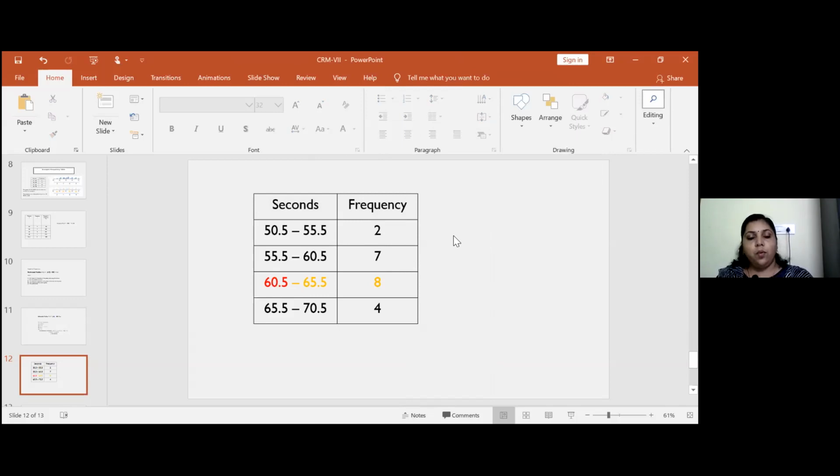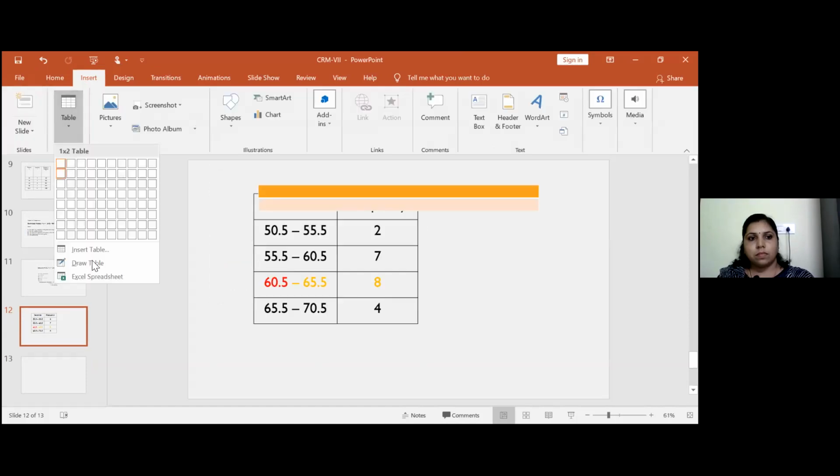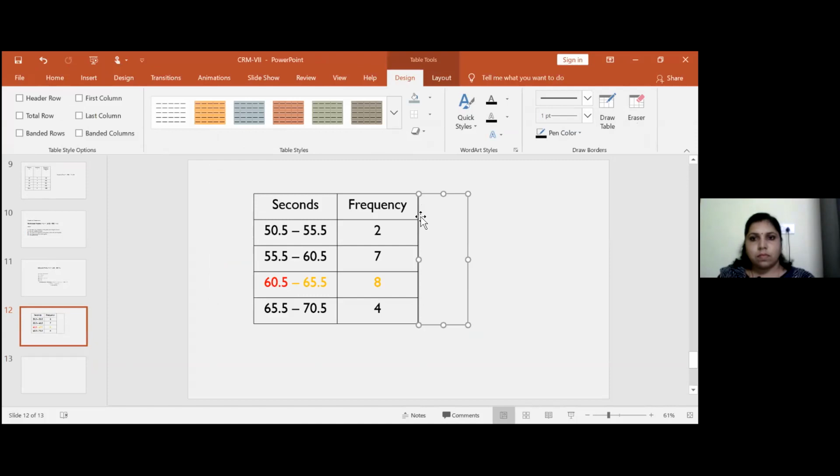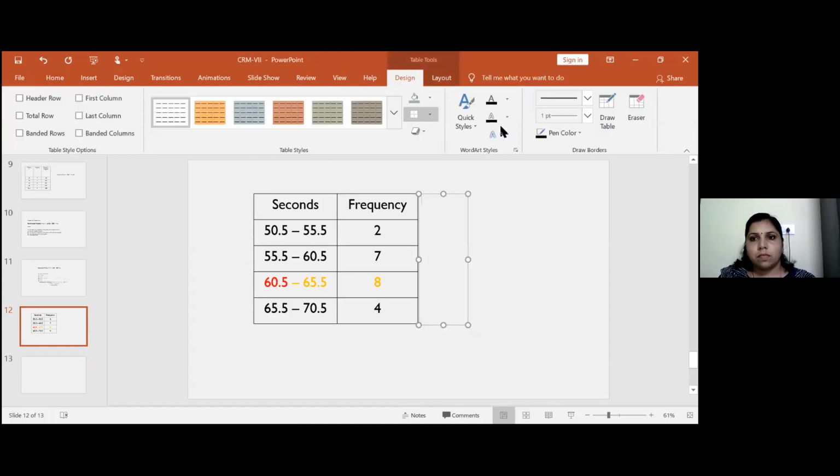Now we add the column for the frequency corresponding to it. Here we have to find the cumulative frequency.